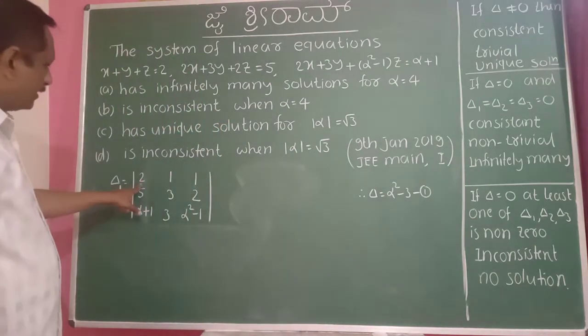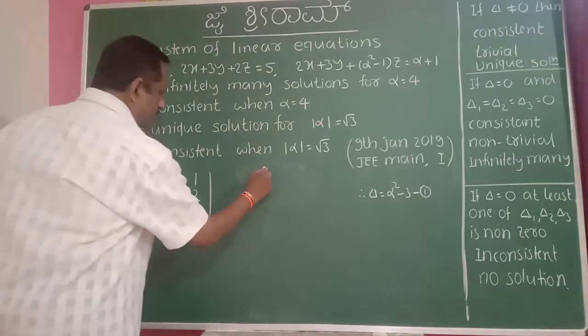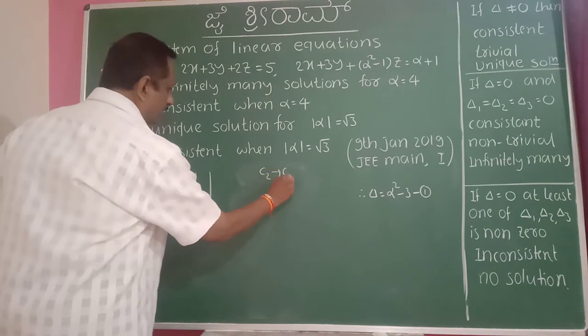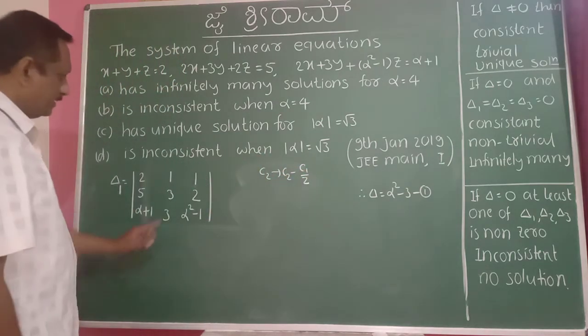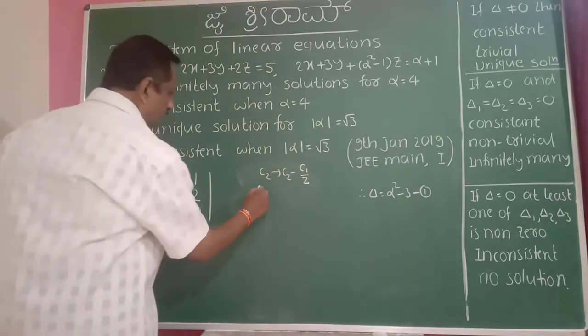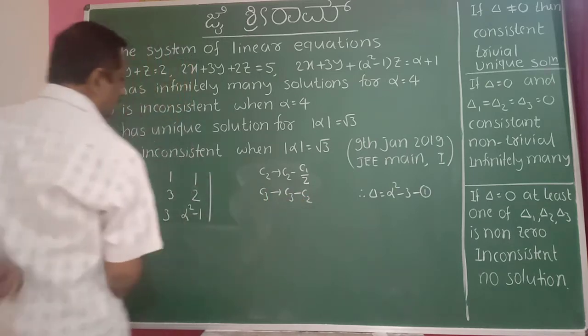So divide by 2, then subtract, and this becomes 0. So C2 becomes C2 minus C1 upon 2. Then subtracting these two, C3 becomes C3 minus C2.